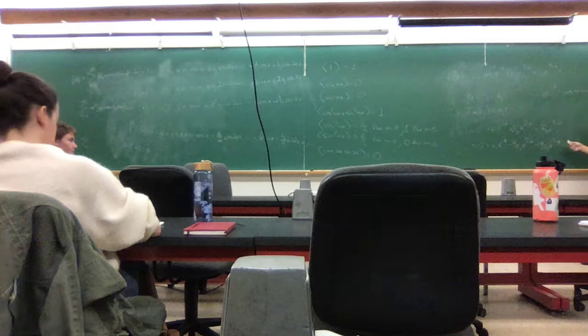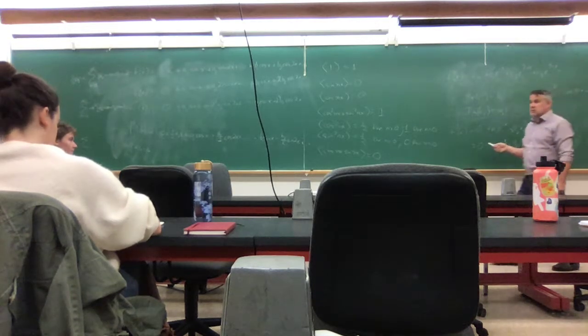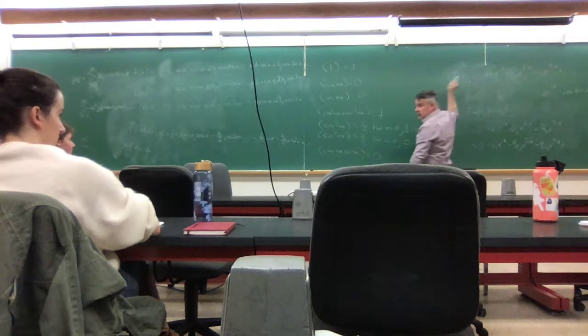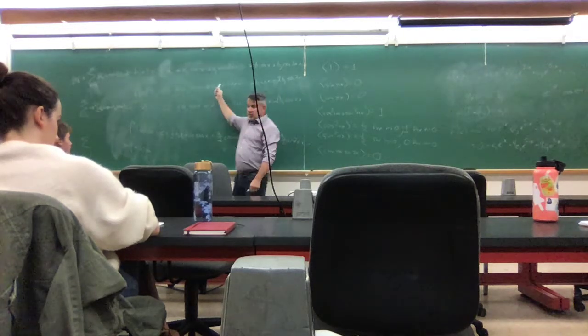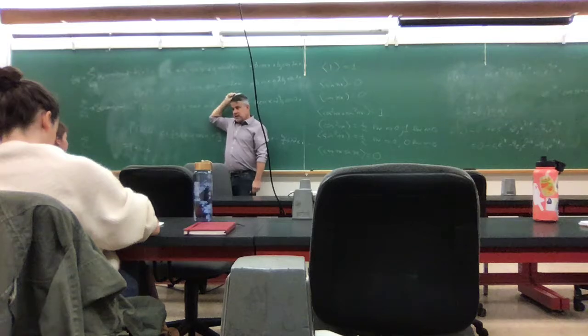So once I've got things written as a Fourier series, it's really easy to take derivatives and integrals. And there's a complex Fourier series and the sines and cosines Fourier series.